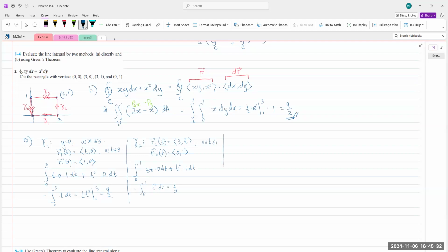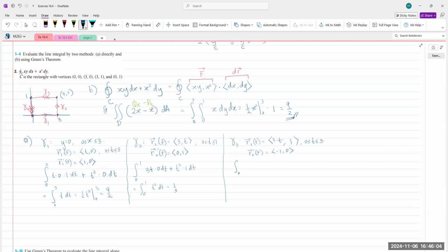Now how about gamma 3? For the third path, r3 of t, the y is already 1, but the x goes from 3 to 0, so 3 minus t, with t from 0 to 3. Remember, the direction is important. So r3 prime of t is (-1, 0).